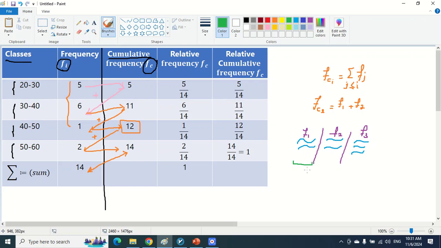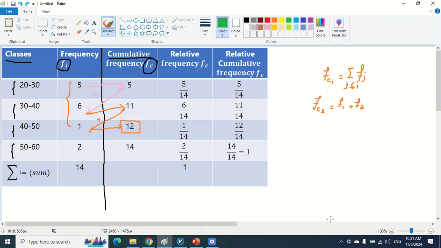So for the first case, F of C of 1, the first cumulative frequency, is the same as here. For the second one, we add these two frequencies to calculate F of C of 2. And for the third one as well, we add the first three frequencies to find F of C of 3. So in this way we can calculate the cumulative frequencies.